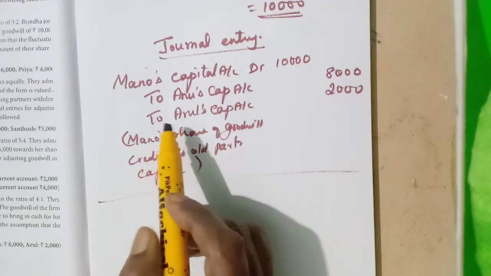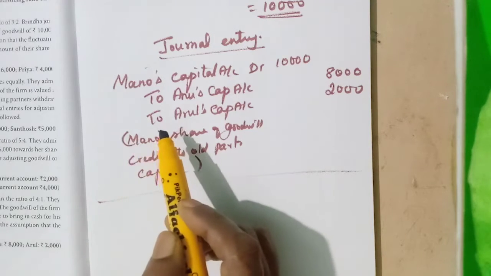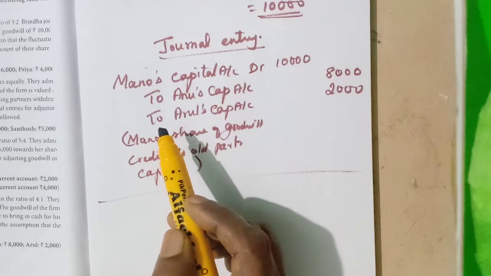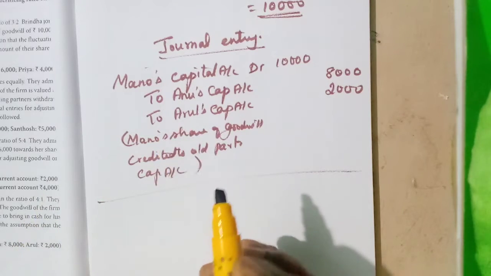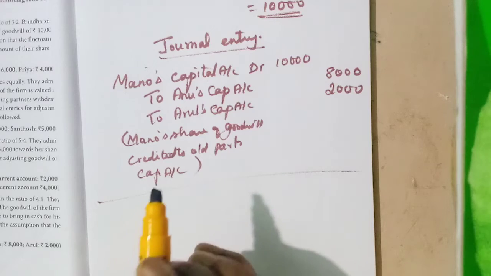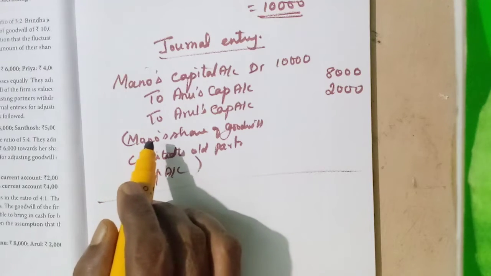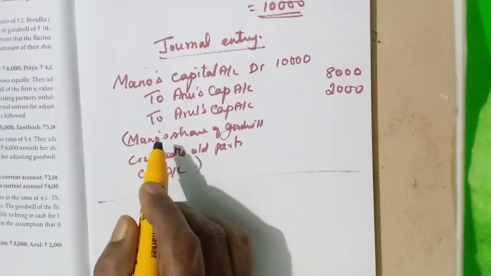Okay, this is joining the previous 2 conditions. He brings part of the goodwill as cash and the other part nothing. So what we will do? We need to debit the new partner's current account or capital account. Okay, shall we do the next exercise?